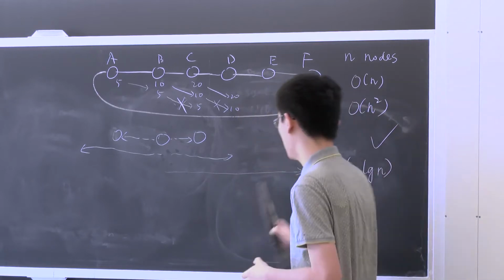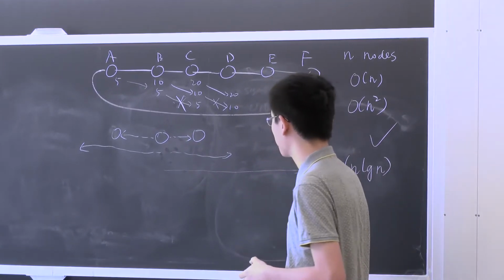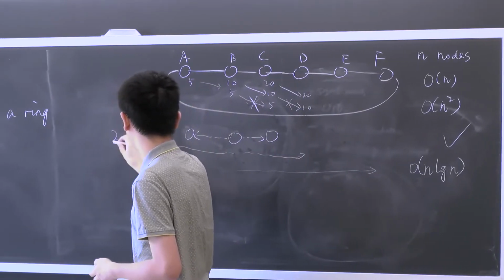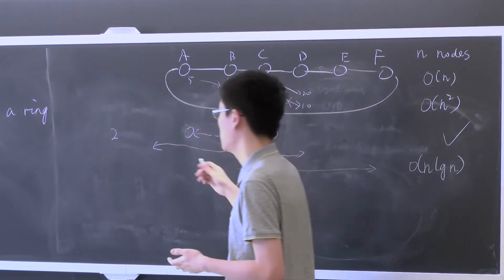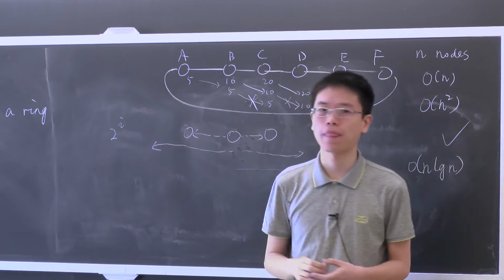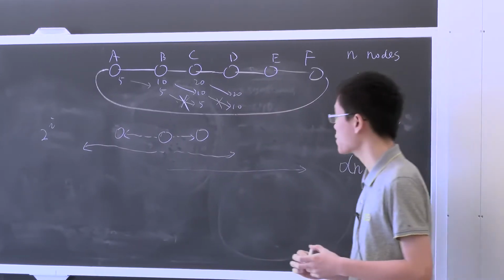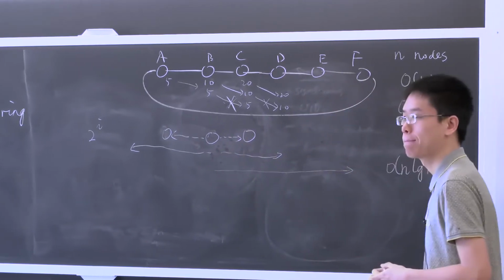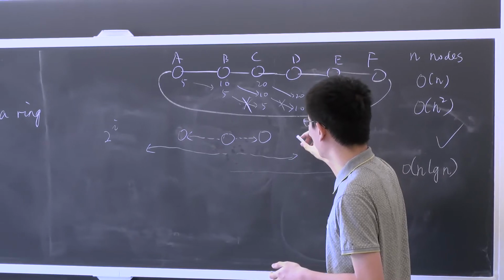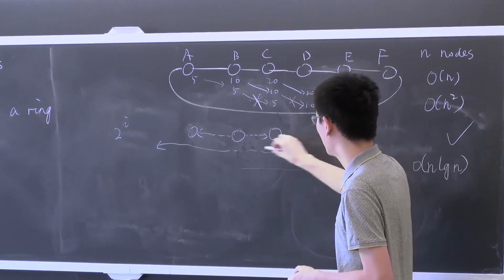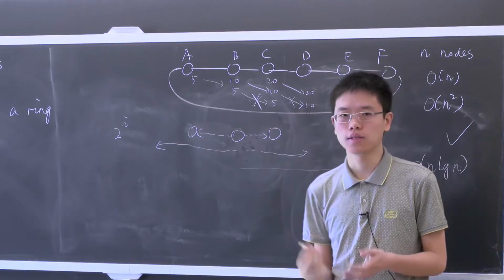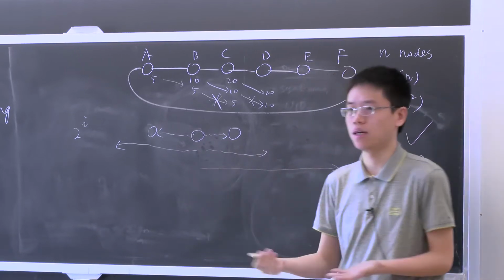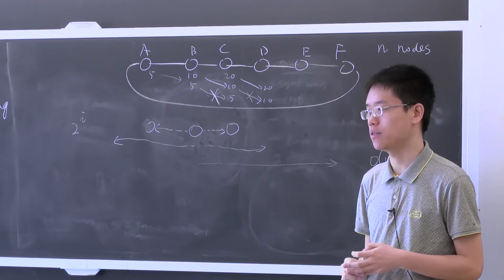Okay, so how does it work in detail? Well, in round I, we will let a node send this message up to 2 raised to I hops. In this case, it's 1, and in the next round is 2, and then 4. If at any point some node along this range decides that you are not the local maximum, then it will reply that you no longer need to send messages anymore.